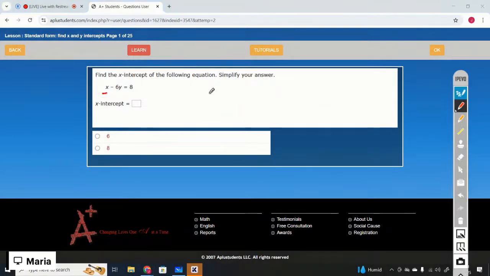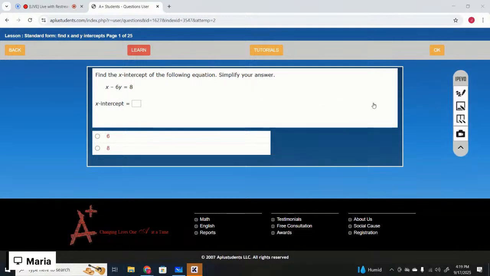So for the x-intercept, we need to put y equals 0. x minus 6 times 0 equals 8. 6 times 0 is 0, so x equals 8. That is x equals 8. Option number 2 is the correct option.